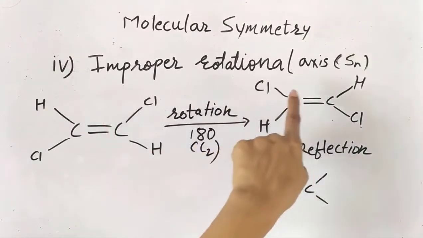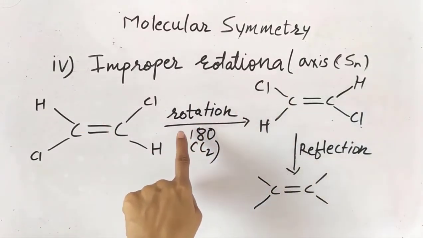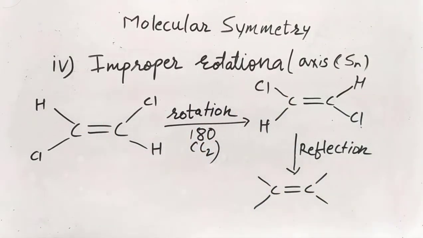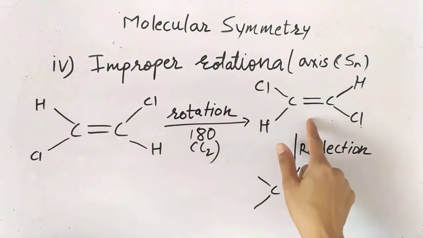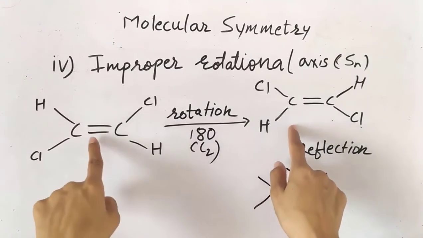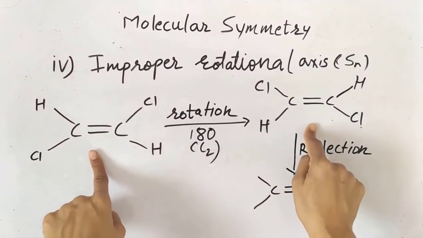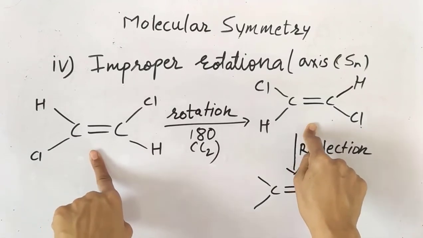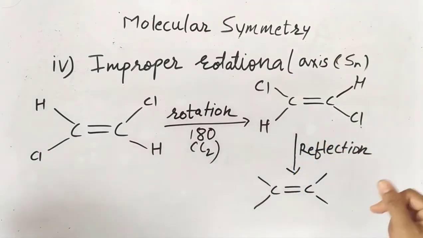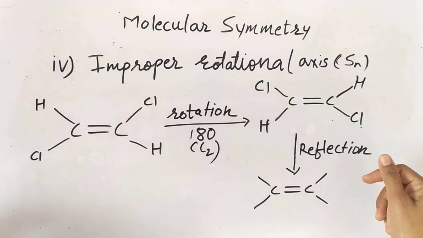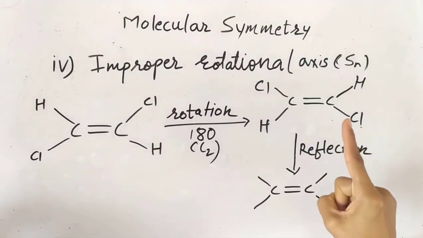What have we done? Simply the rotation operation, and you can see that we have not got the same image. Have we got the same image, this one and this one? No. Means the operation is not completed. Until we get the same image, we continue the symmetry operation.